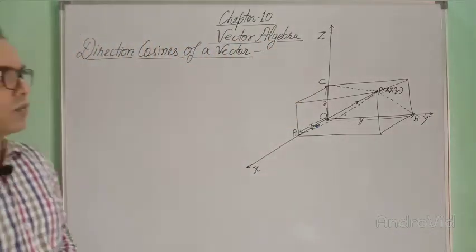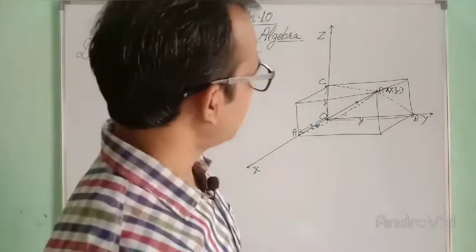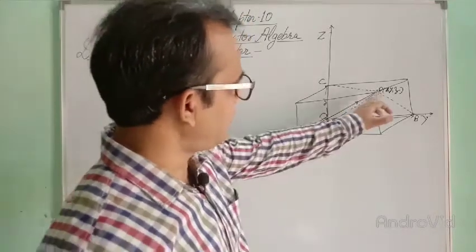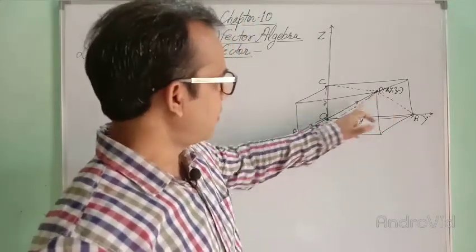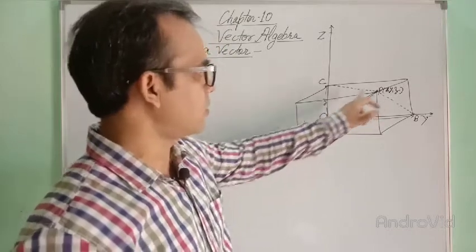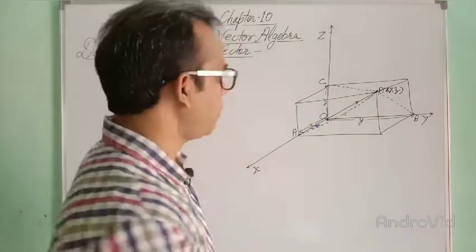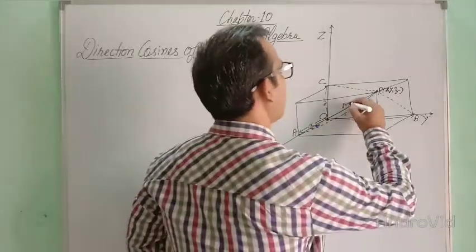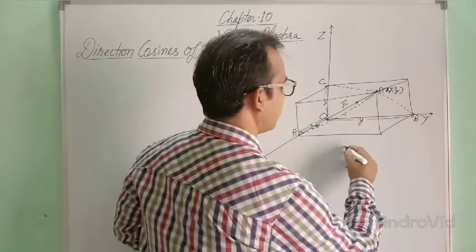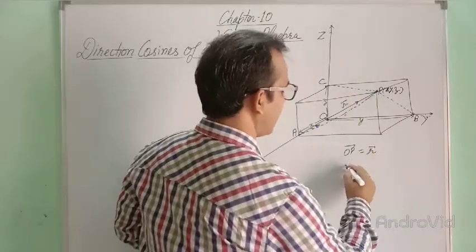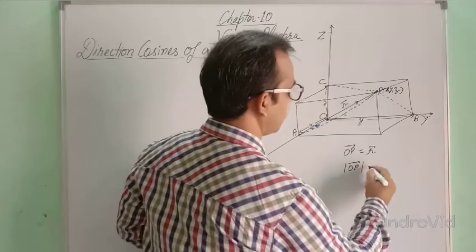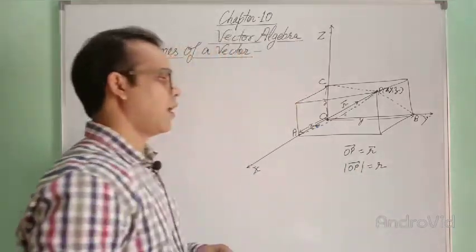So this way you have a figure of a cuboid here. Clearly now you can imagine the point P in space and its distance from the point O, that is OP. Let's suppose the OP vector be the R vector, and the length of the OP vector may be written as R.